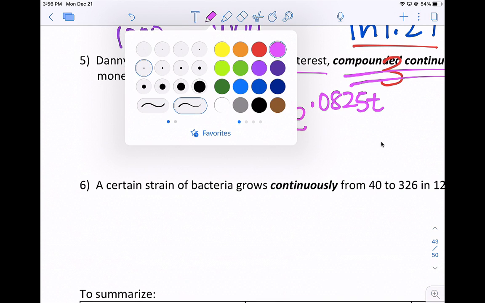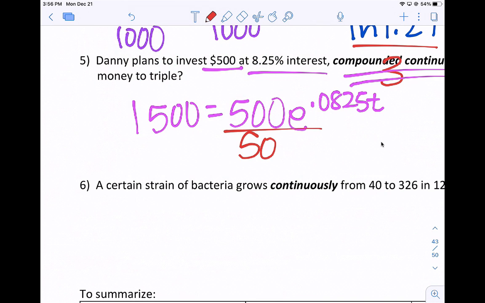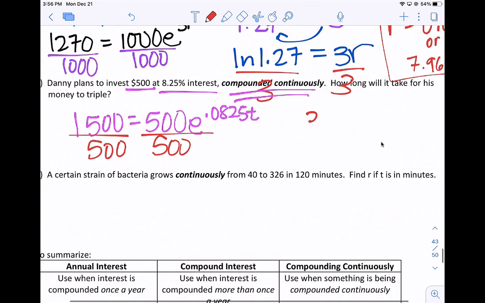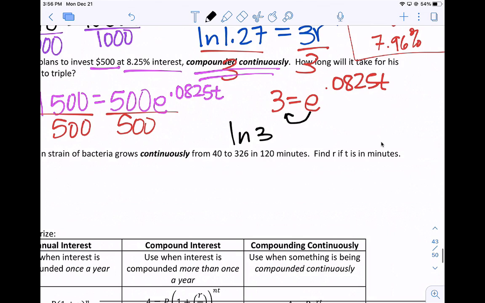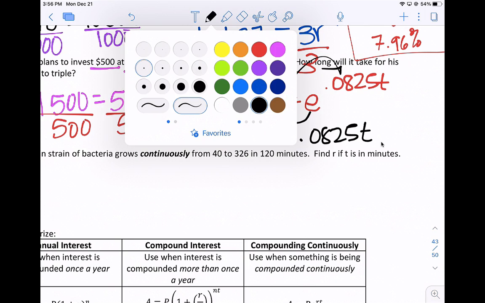All right, first step, divide by 500. So we get 3 equals e to the 0.0825t. We're going to natural log it, so ln of 3 equals 0.0825t.